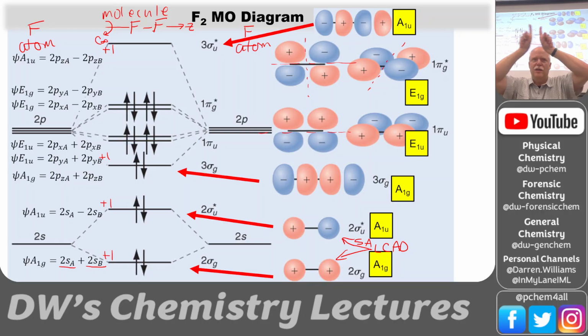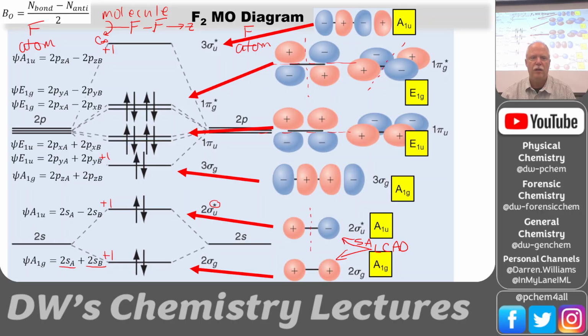So those p orbitals come together on the side and they delocalize or have a node. And so look at the starred and the non-starred orbitals. So here's a star, and notice that the node breaks the bond. We can calculate the bond order. Let's finish this. Here's a star here, and you see that node breaks the bond. Here's a star here, and you see there's a node that breaks the bond. So these are where the F atoms are.